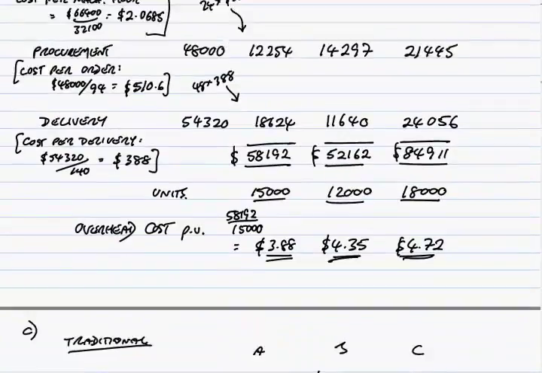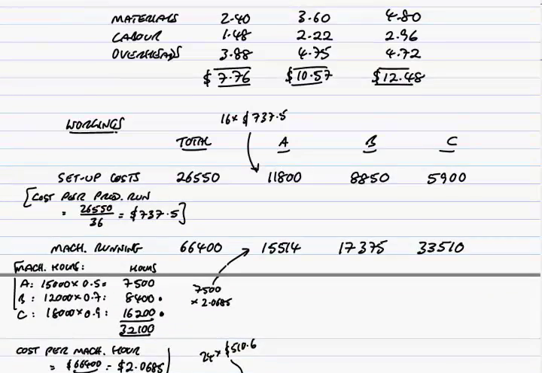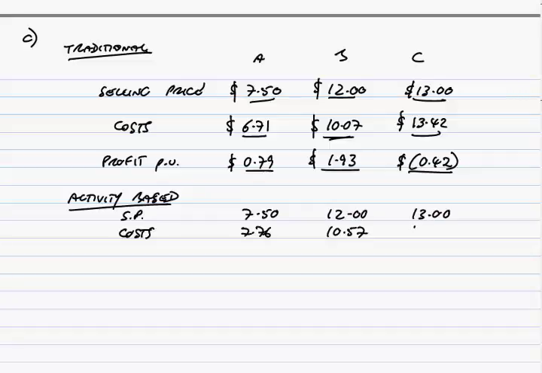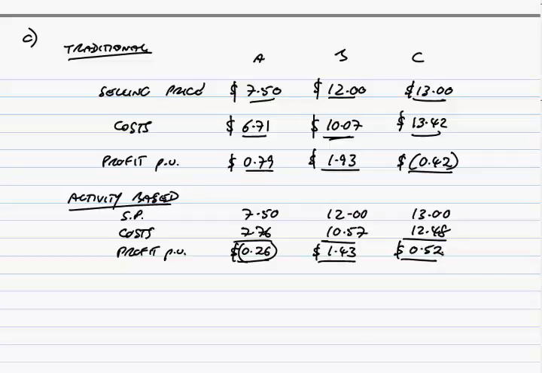And what was it for C? 12.48. And so the profits per unit using activity based, it's A that makes a loss of 26 cents. B makes a profit of $1.43 a unit. C makes a profit of 52 cents a unit.